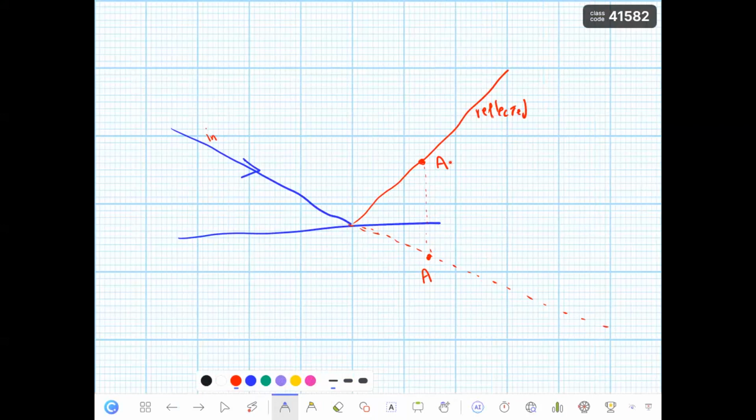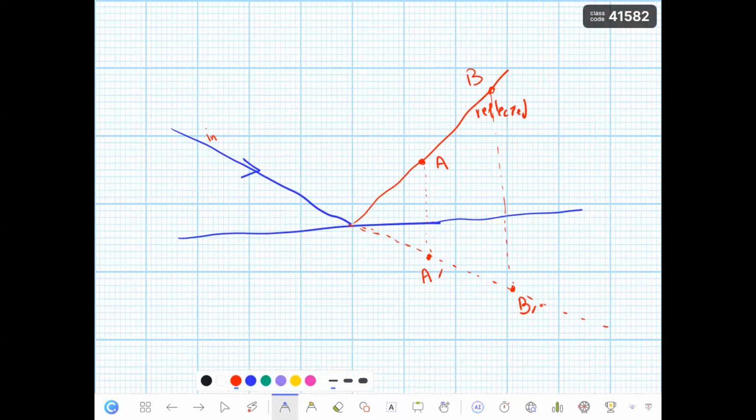If you say this is B, I just keep drawing these, so you will have the B here. So these are called A prime and B prime. If the light would pass from this surface, it would go through the straight line. Because it's not being passed, what does it mean?